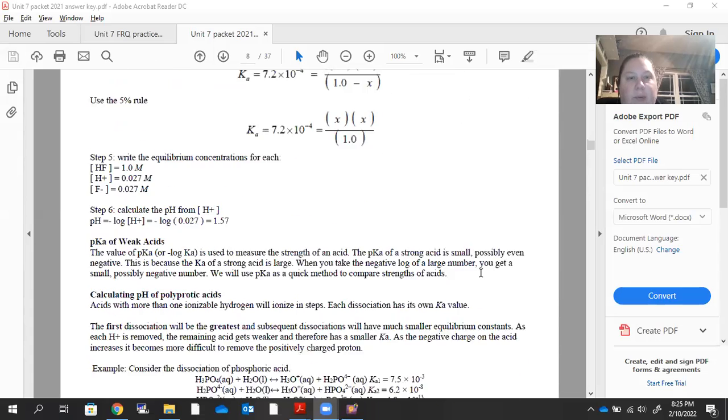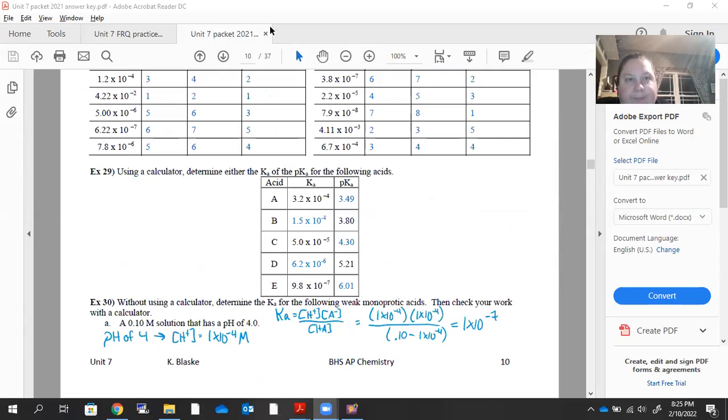Can you go over the different concentrations at the different points in time of a weak acid, strong base, and strong base, weak acid titration? Yeah, let me pull up the packet so that I've got something to point to when we do this.